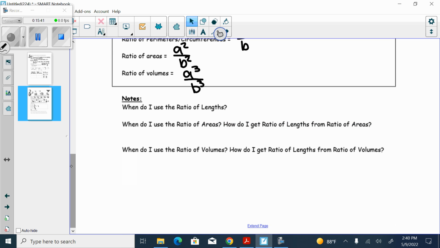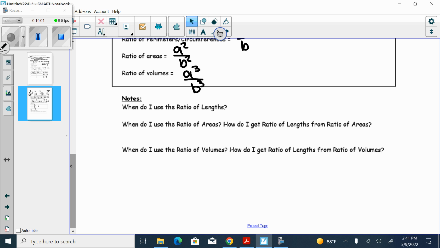So they ask, when would I use the ratio of the lengths? Well, we would use them if we were either looking for a missing side, right, to set up our proportion, or if we were trying to find maybe a perimeter, right, for a smaller or larger figure that's similar.